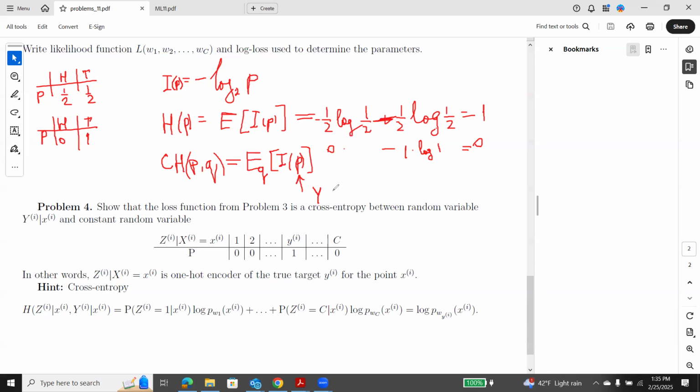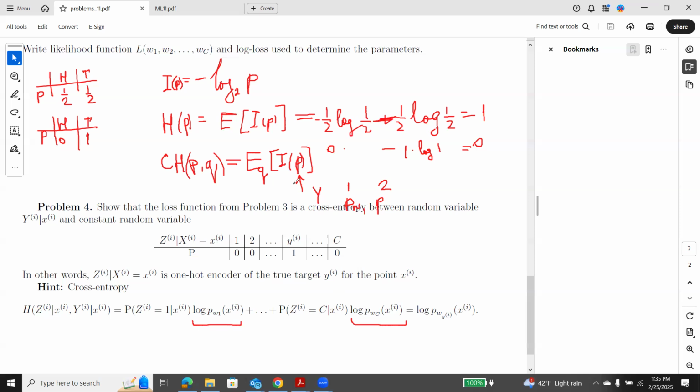And probability of Y, as you remember, was PW1 for 1, PW2 for 2, and so on. That's why here we have log of PW1, log of P subscript C.